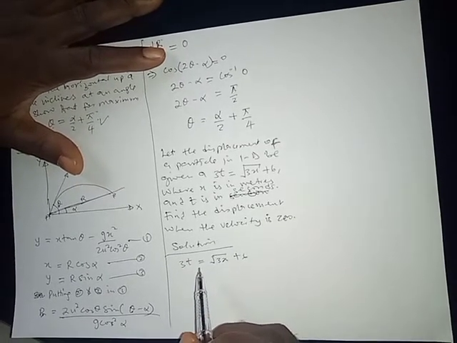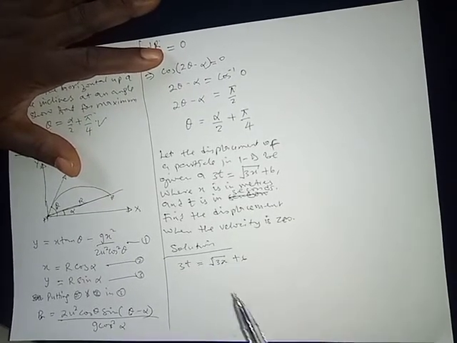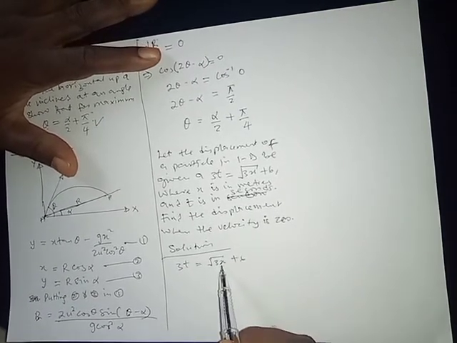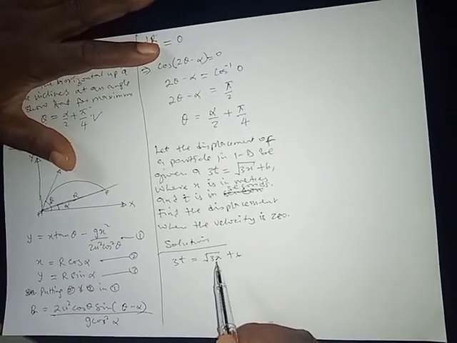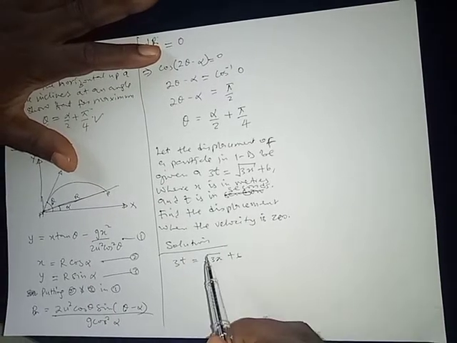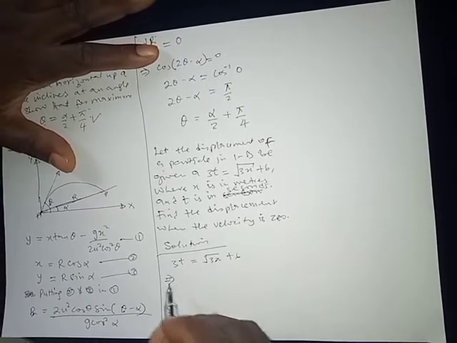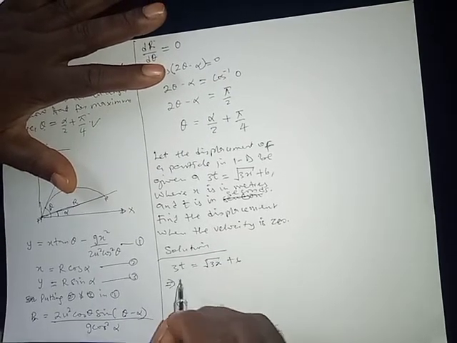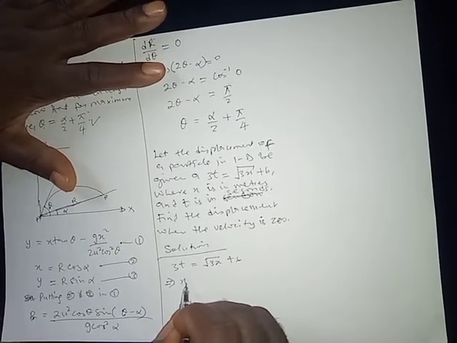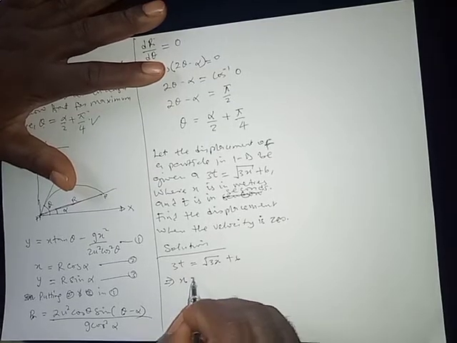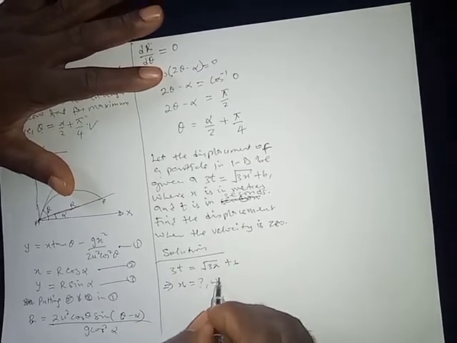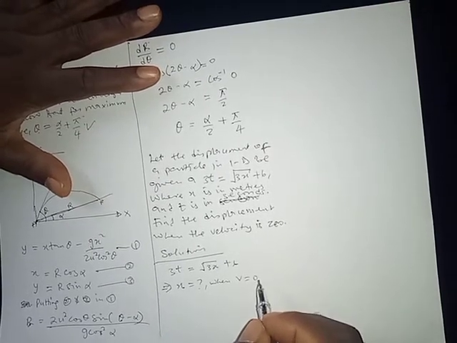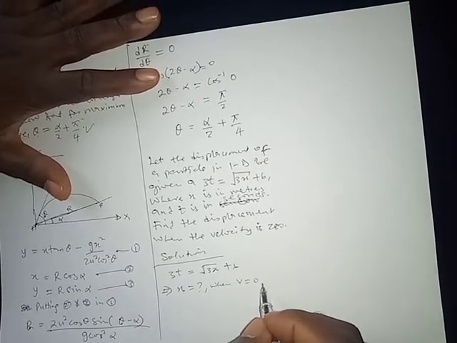We are to find the displacement, which is represented by x here, when the velocity is 0. What that is saying is that we are to find x when v is 0.